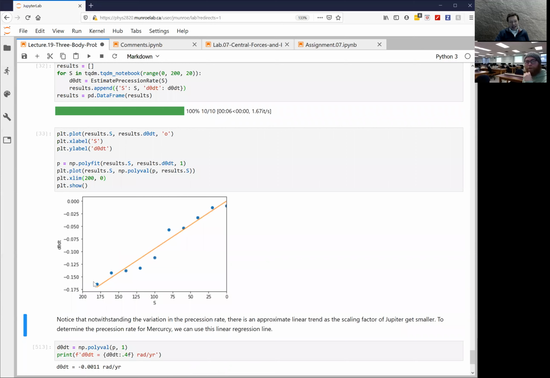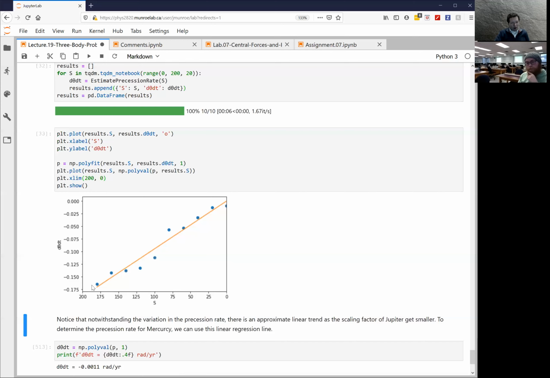As I said, the individual method seems to have some error. There's obviously something I'm missing in the construction. It's not a perfect precision, but there's a trend. And the trend is as you go from a very massive Jupiter in terms of a scale factor, and you shrink it towards 0, the rate of precession gets smaller and smaller. So there is some error in this algorithm.